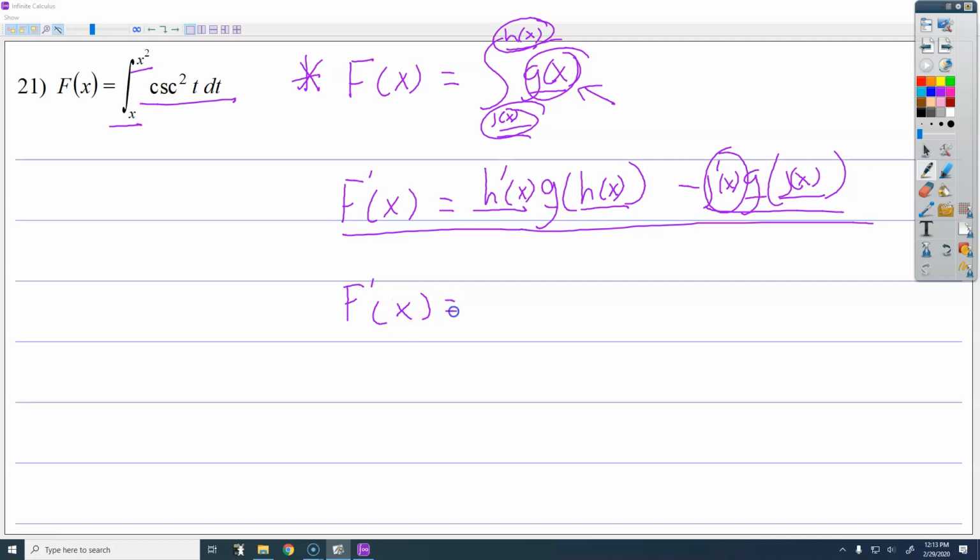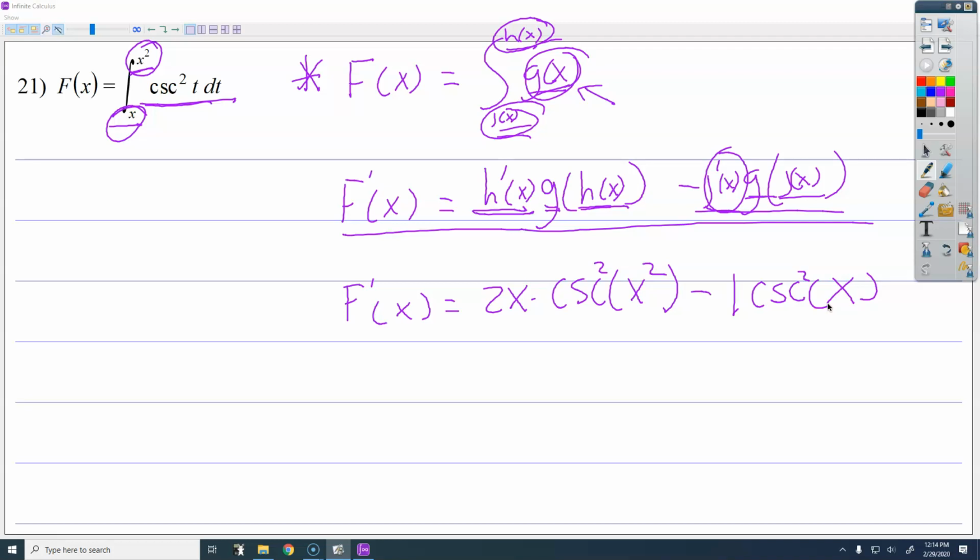And according to our little formula up here, the way you find f prime is you multiply the derivative of h, so the derivative of this, times the g function, which is cosecant squared, with the h function plugged into it, minus the j function's derivative, which is 1, with the g function once again, with the j function plugged into it.